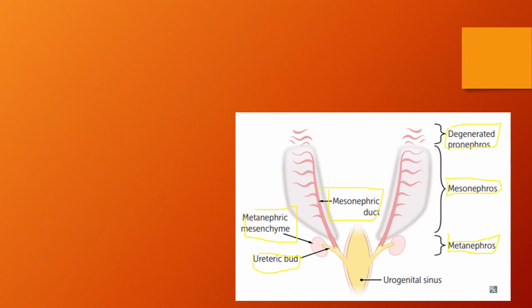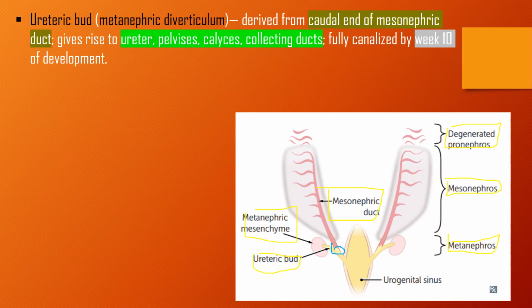As we can see here, the ureteric bud arises from the caudal end of the mesonephric duct. The ureteric bud, or metanephric diverticulum, derives from the caudal end of the mesonephric duct, which gives rise to the ureter, calyces and collecting duct, fully canalized by week 10 of development.